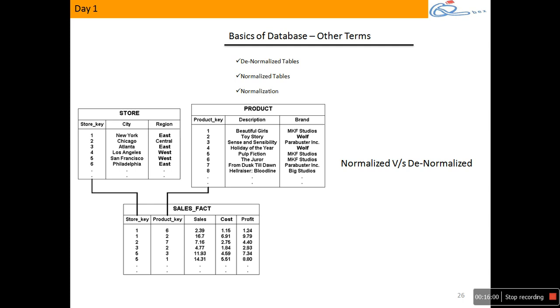Now, whenever I say this table is normalized data, there is no redundancy in it. When I say this table is denormalized data, you should see there is some redundancy in it. And the process of converting a denormalized table into normalized tables, we call it normalization.